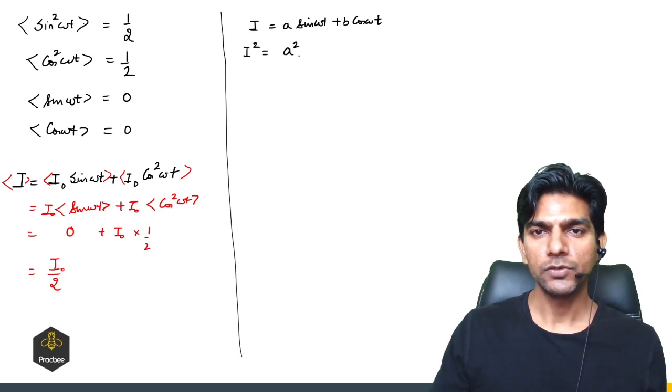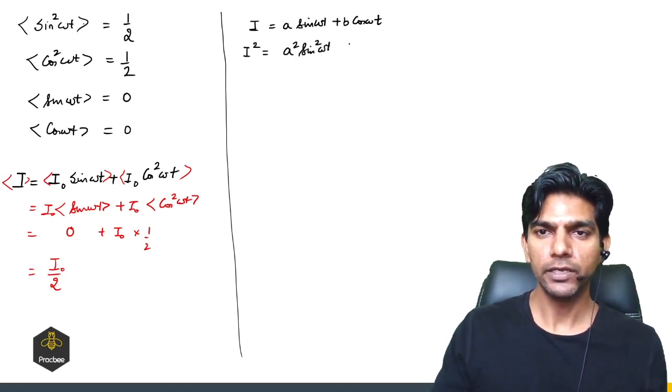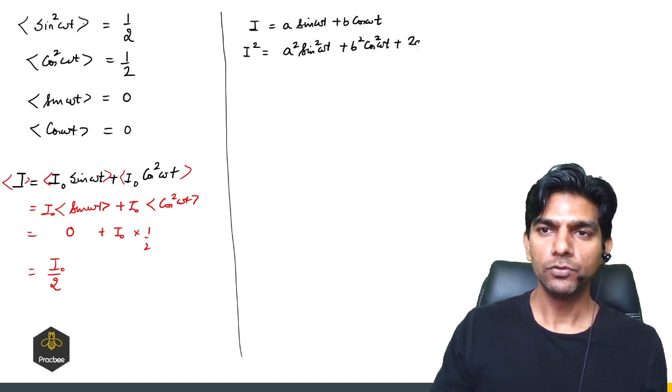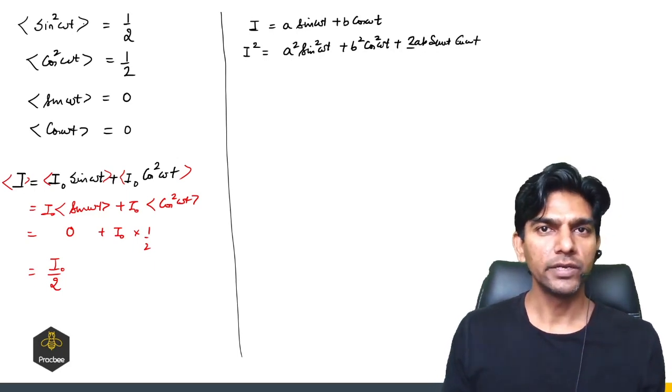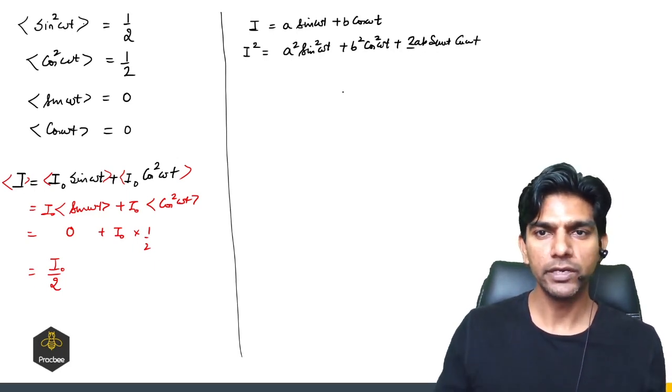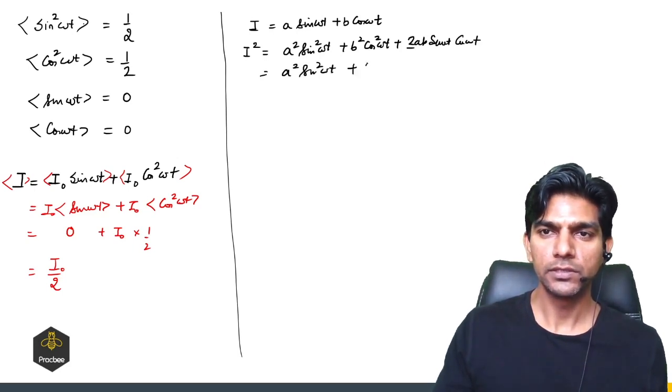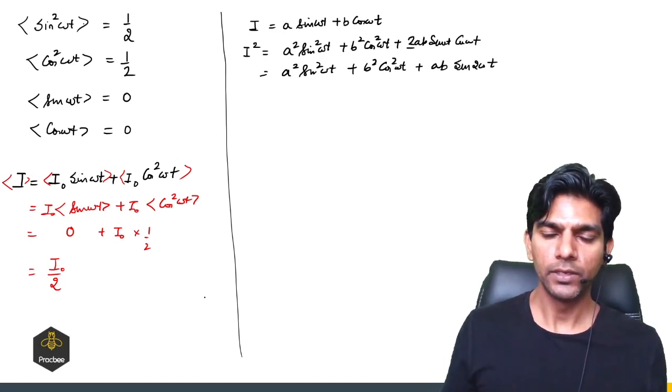So it will be a square sine square omega t plus b square cos square omega t plus 2ab sine omega t cos omega t. Now here 2 sine omega t cos omega t is sine 2 omega t. So this can be written as a square sine square omega t plus b square cos square omega t plus ab times sine 2 omega t.